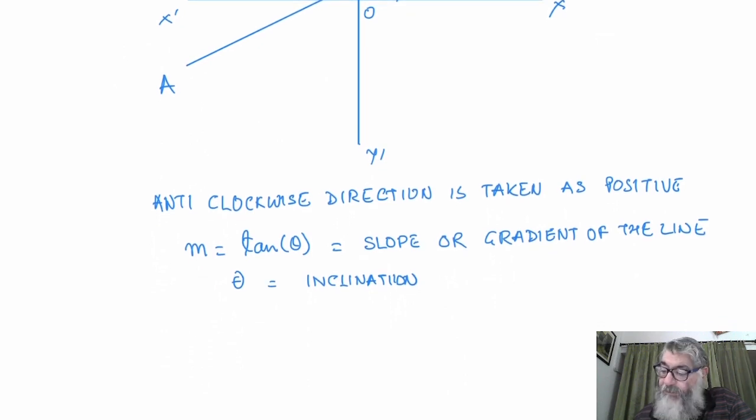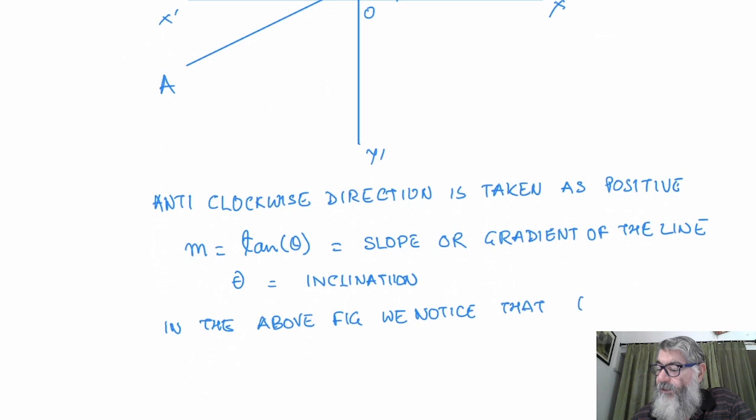Now in the above figure, we notice that theta is acute. It appears to be acute. It is less than 90 degrees.